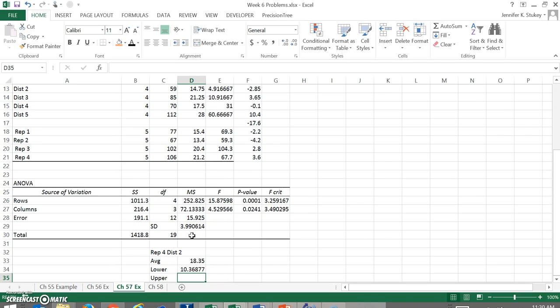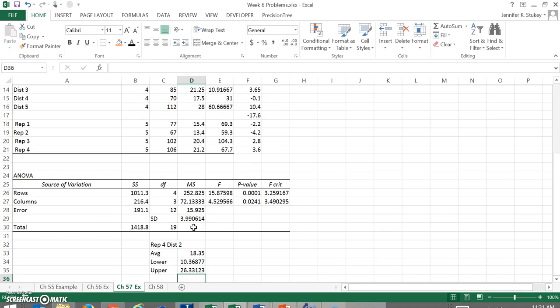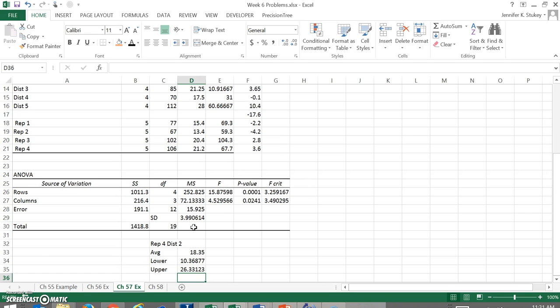For the upper end of our confidence interval, we take the average and add 2 times the standard deviation. So you can be 95% sure that if you assign representative 4 to district 2, their sales are going to be 10.36 on the low end to 26.33 on the high end, with an average of 18.35.